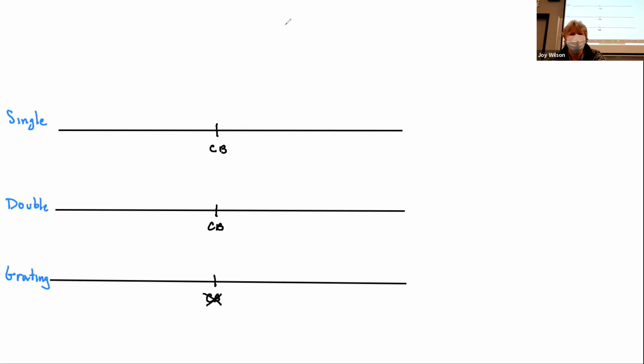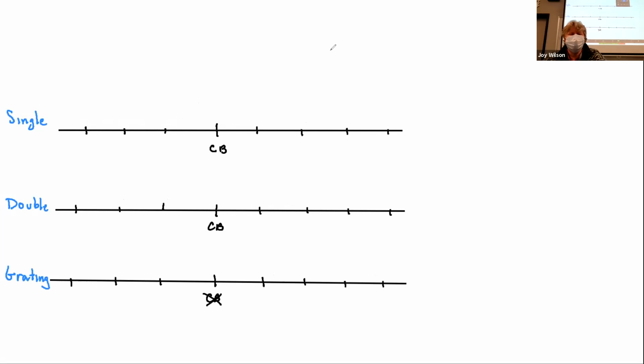Secondly, on the central bright, when we have our interference pattern, let's give myself some room to play here. 1, 2, 3, 1, 2, 3. Just giving some tick marks so you can see how I'm scaling things.